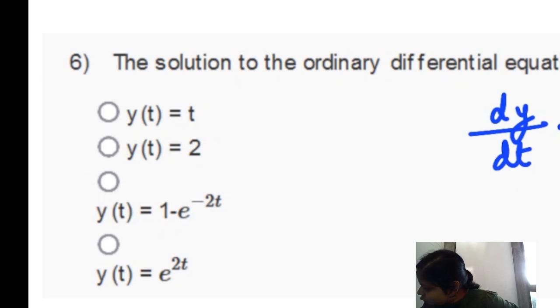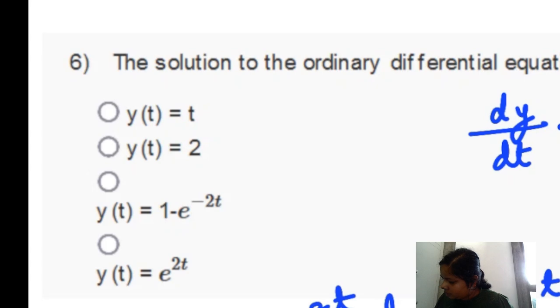Now when you do this, what you get is e to the power 2t. Now you can multiply this to the whole equation. So what happens is e to the power 2t dy by dt plus e to the power 2t times 2y(t) is equal to 2 e to the power 2t.